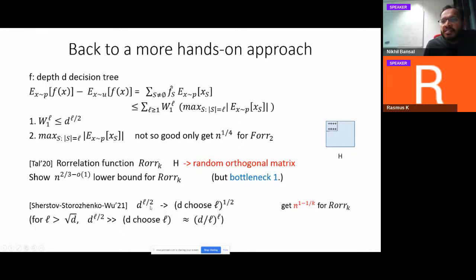But when L gets large, this bound is much looser compared to the other. So by refining this first part with a tighter Fourier bound for decision trees and using a random orthogonal matrix, he could push the gap all the way to n to the 1 - 1 over k for the row relation function.